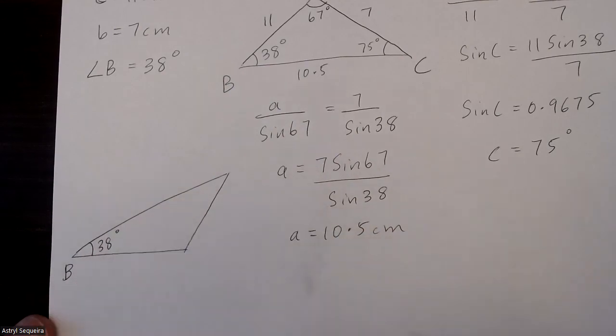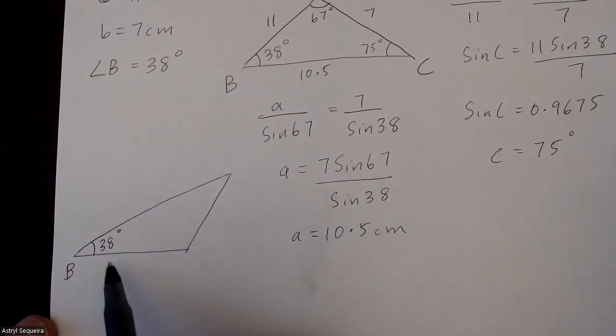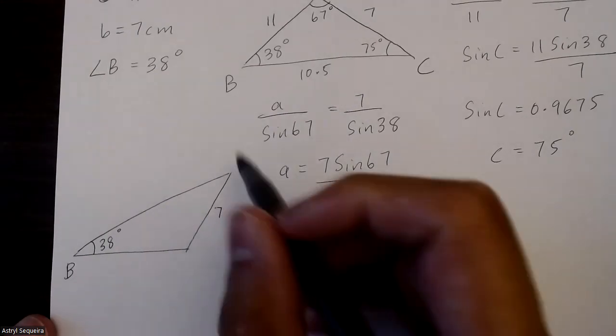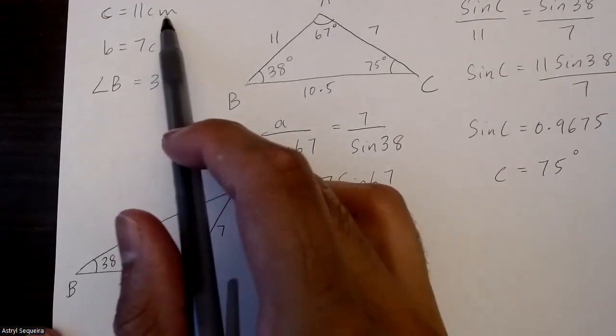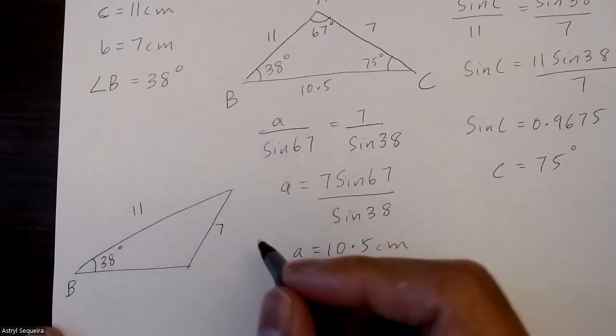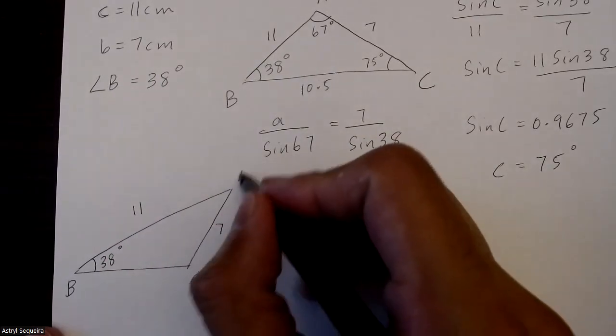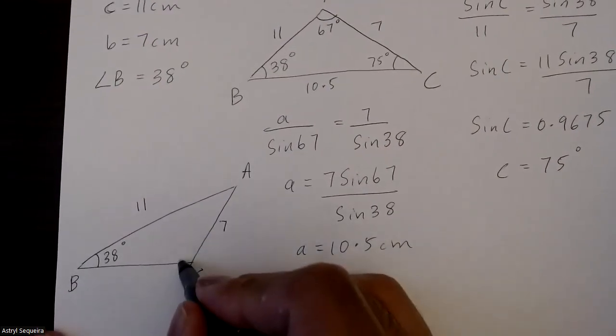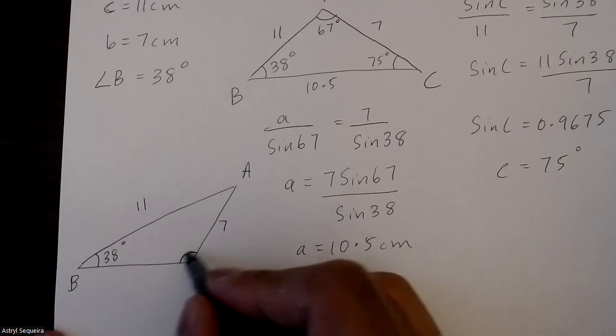This is 38 degrees. Then this side is going to be 7, which is opposite of b. And then the other one, 11, I'm going to label that over there, which makes this capital C and this capital A.